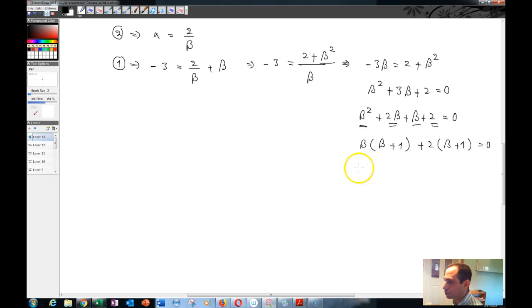And that gives you beta plus 1 times beta plus 2 is equal to 0. So that means that beta is equal to negative 1, or beta is equal to negative 2. Okay, so now I have two values for beta here.